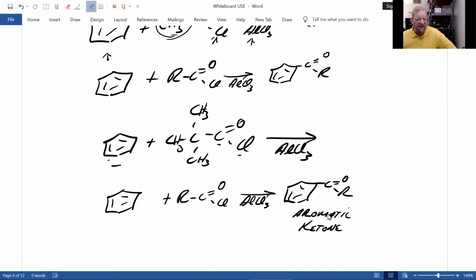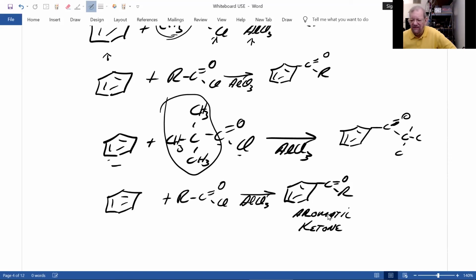And what's my R group? These 4 carbons. So I have my benzene ring. It doesn't matter which carbon you put it on. I'll put it here. And my R group. And there you go.